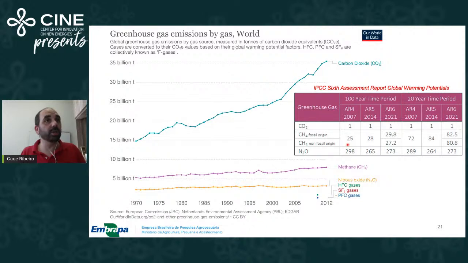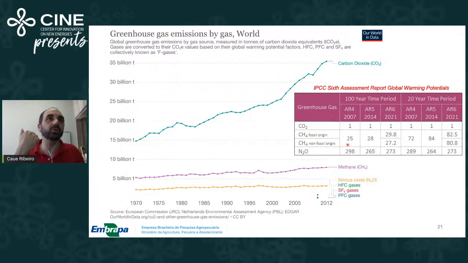This is a huge number, meaning that we need to address this kind of effect, and there is a second effect as well. When we have the volatilization of these nitrogen oxides to the atmosphere, they tend to react with water there and return as acids to the soil.